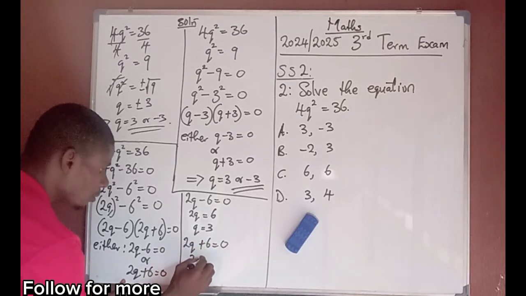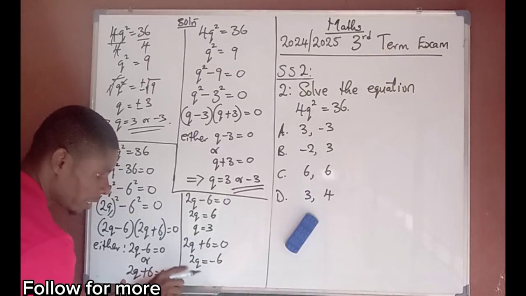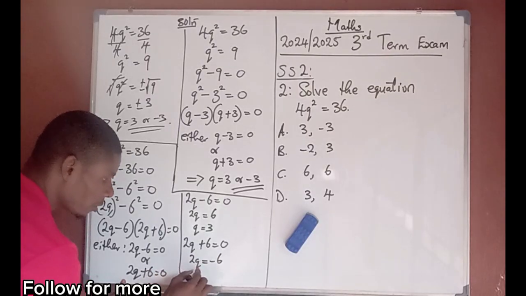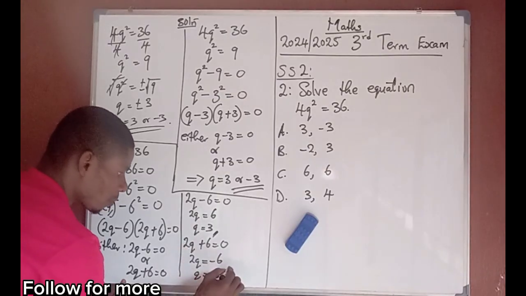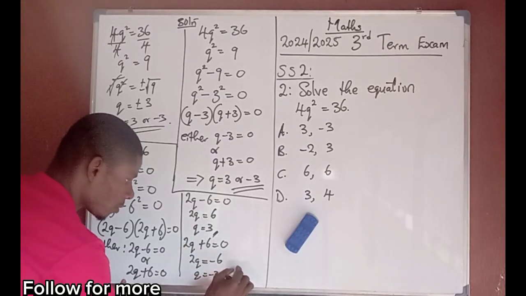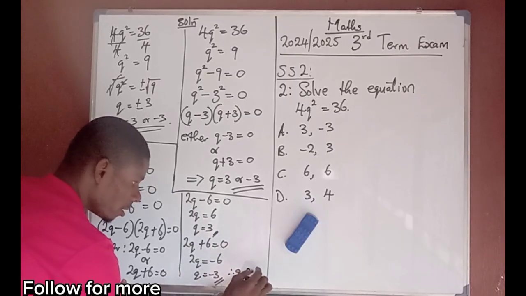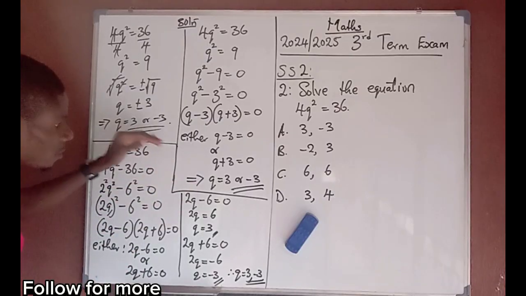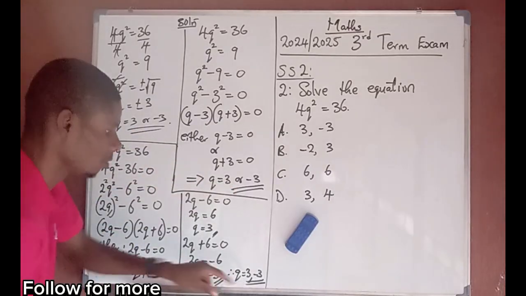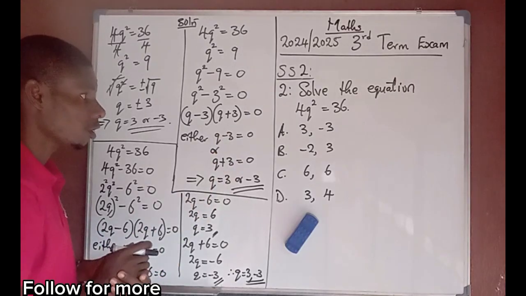This is 2q equals minus 6. If we divide both sides by the coefficient of q, which is 2, q is equal to negative 3. Therefore, q is equal to 3 or negative 3. Comparing the first one, the second one, and the third one, you can say they are all the same.